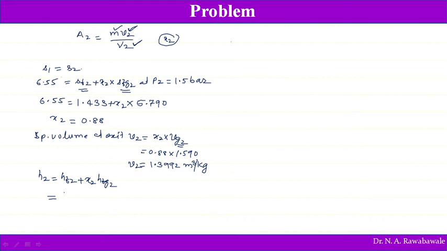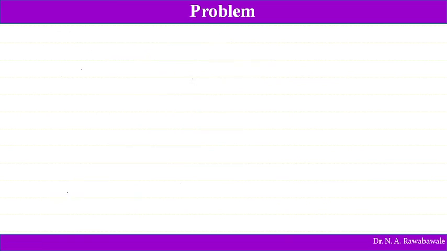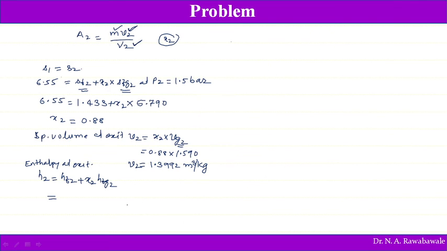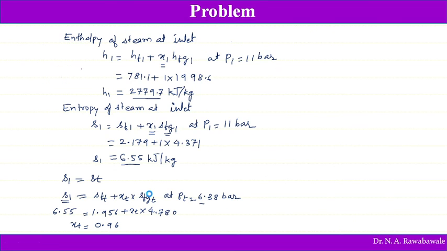So hf2 from the steam table, enthalpy at exit, is given as 467.1 plus the x2 value. The dryness fraction is 0.88, so we can substitute 0.88 into hfg2 at pressure 1.5.